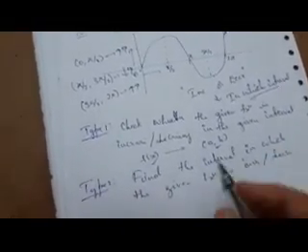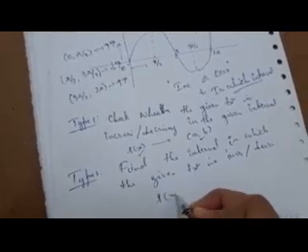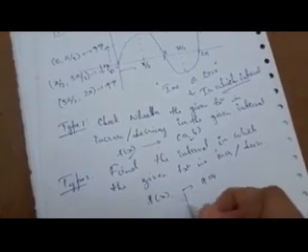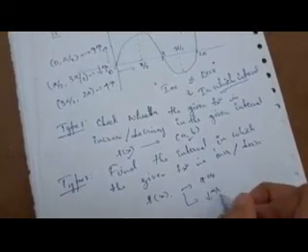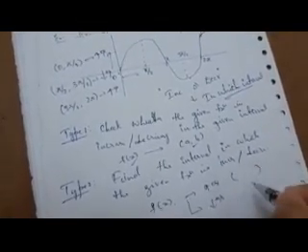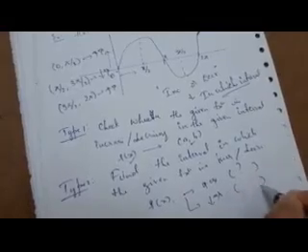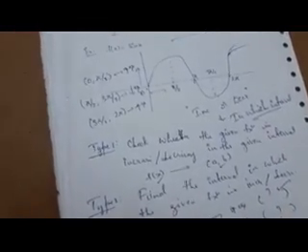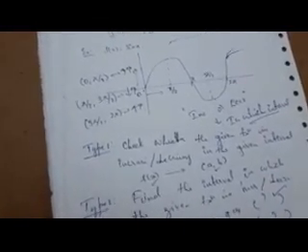This means in the second type, they have given the function, and the function might be increasing or decreasing, but you need to say in which interval the function is increasing and in which interval the function is decreasing. So we need to find this interval. These are the two types of questions which you can commonly see in this section.